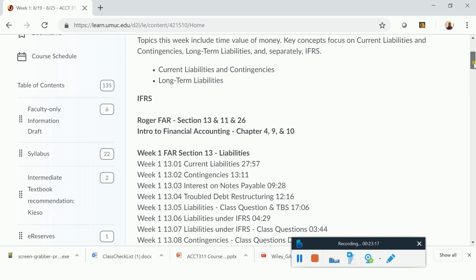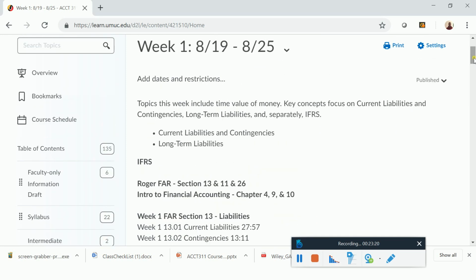For week 1, it'll give you an overall understanding of what we're covering for the week. Here's where it'll tell you which sections of the Rogers CPA review pertain to our materials for the week, and which chapters out of that Introduction to Financial Accounting textbook I just showed you also pertain.